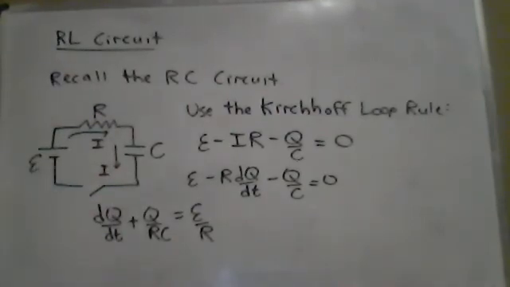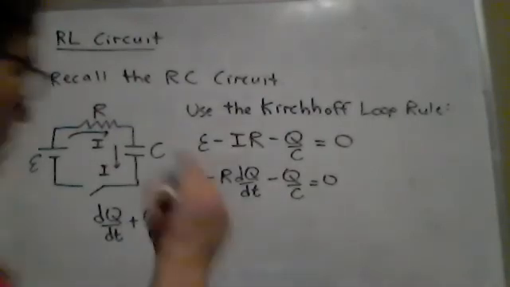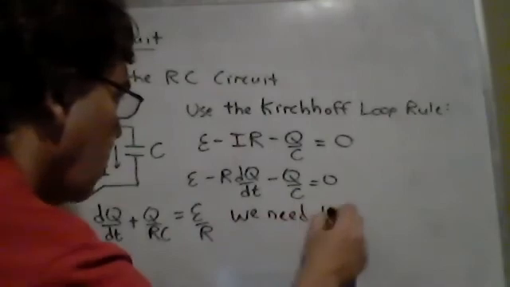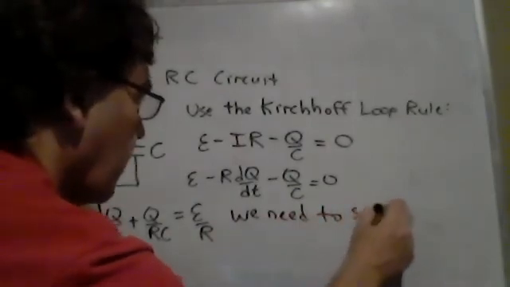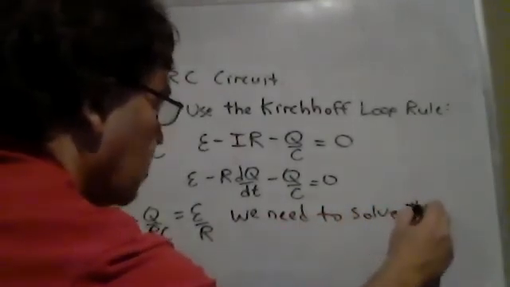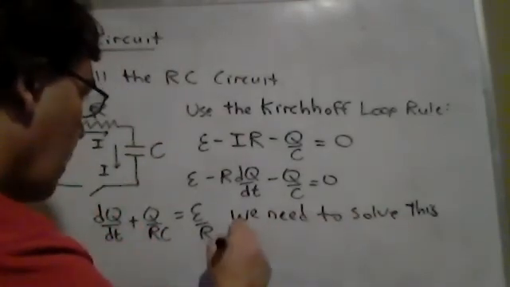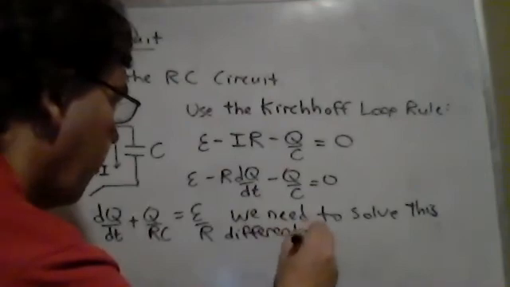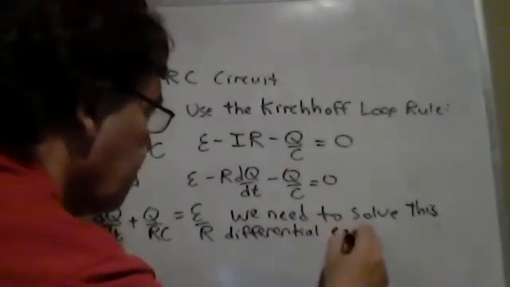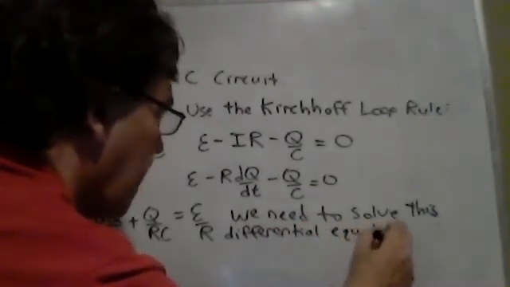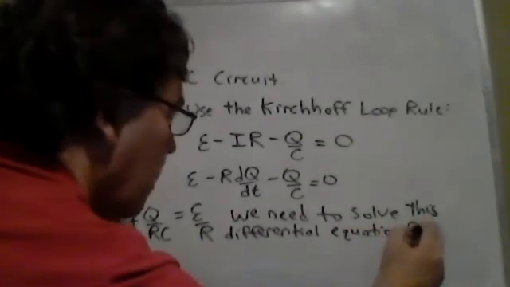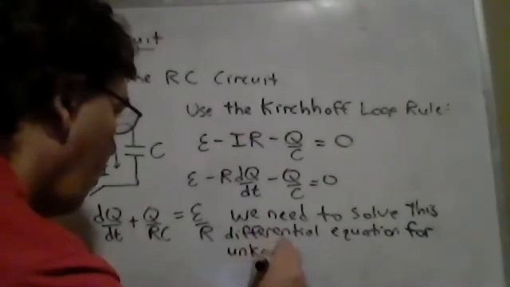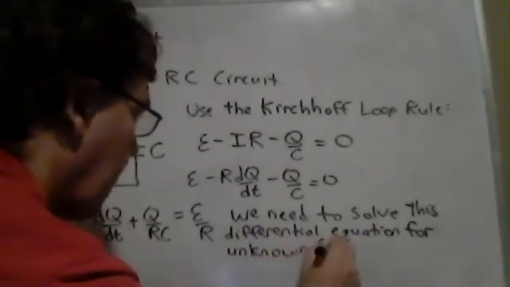I need to solve this differential equation for the unknown Q of t.